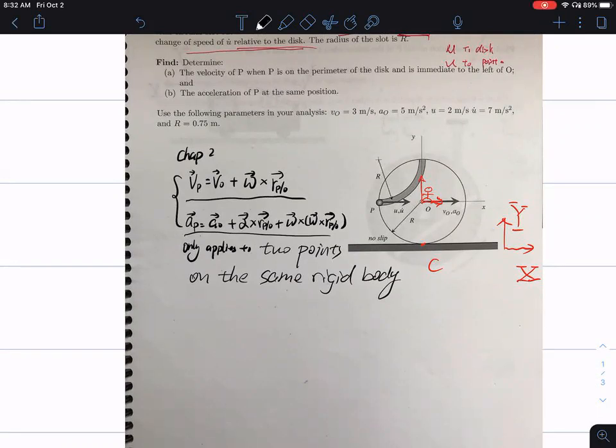Omega over radius. No, sorry, it's the acceleration. Yes, that's actually the answer for that. But how do you find out that?